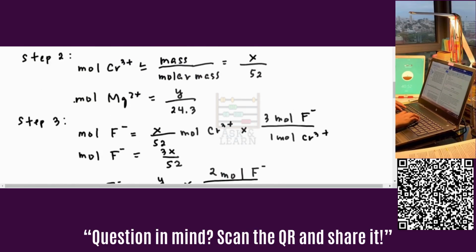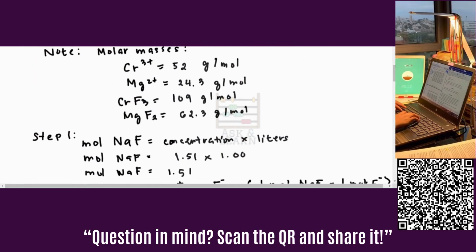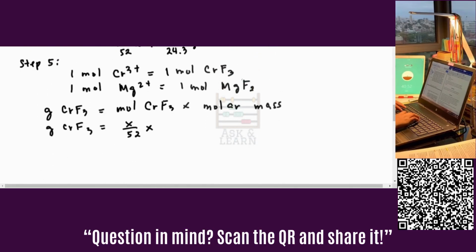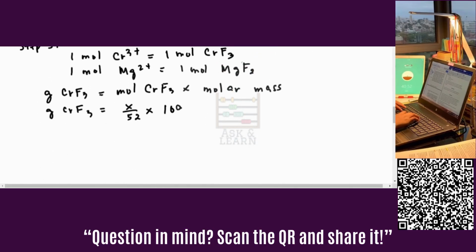Let me just quickly check the molar mass again. So we have 109, times 109.